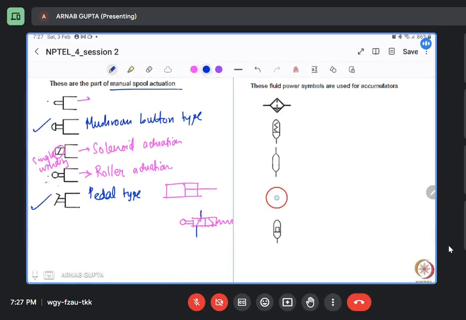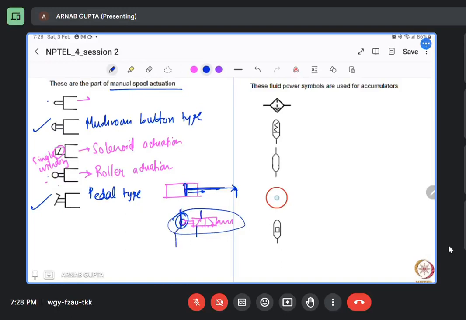So what will happen when this particular cylinder goes and hits this roller? This particular valve is kept at the extreme position of this cylinder, at the extended position of this cylinder. When the cylinder goes and hits this position, it will slide over this roller.